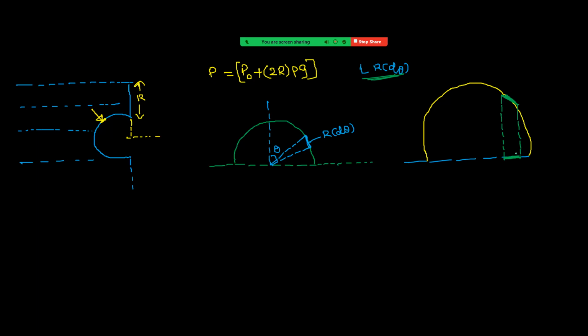The meaning of projection, it is a component. We are taking now for this area one component on the base. If I am taking one more rectangle, it's a component on the base.